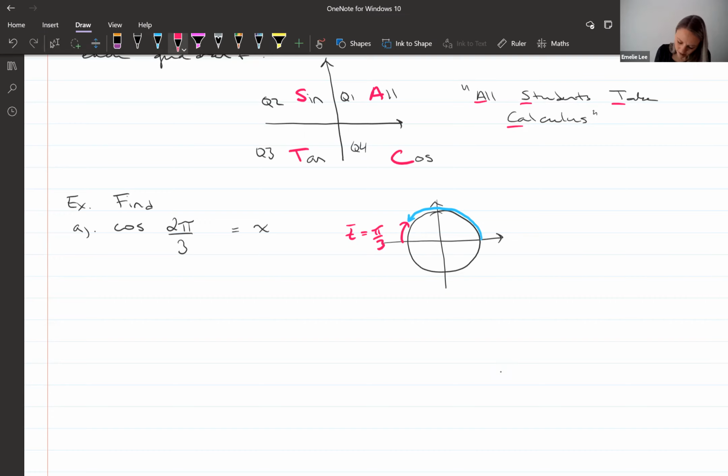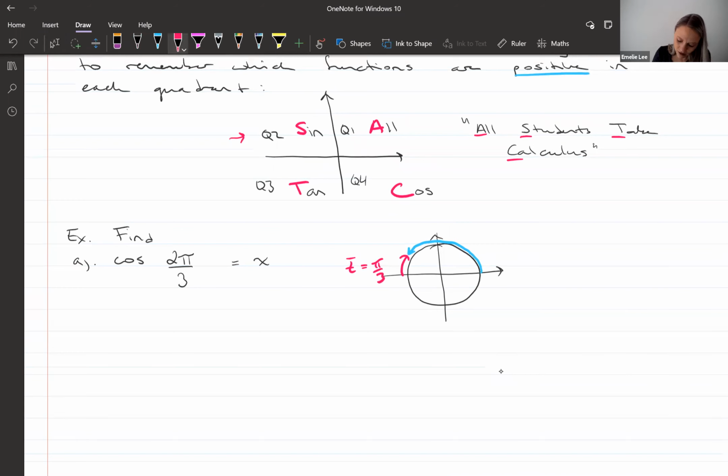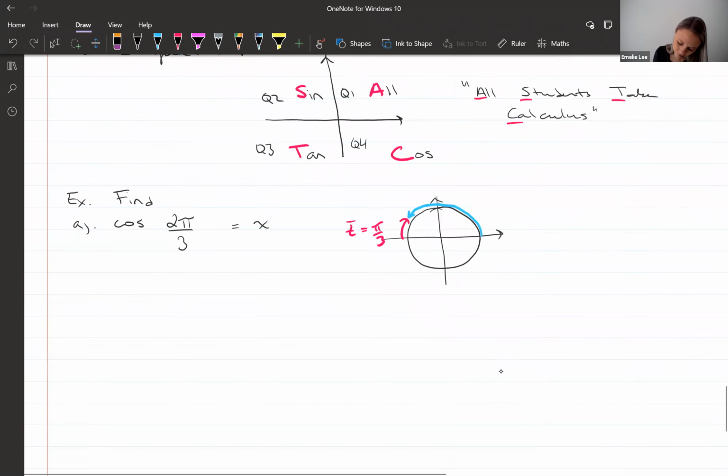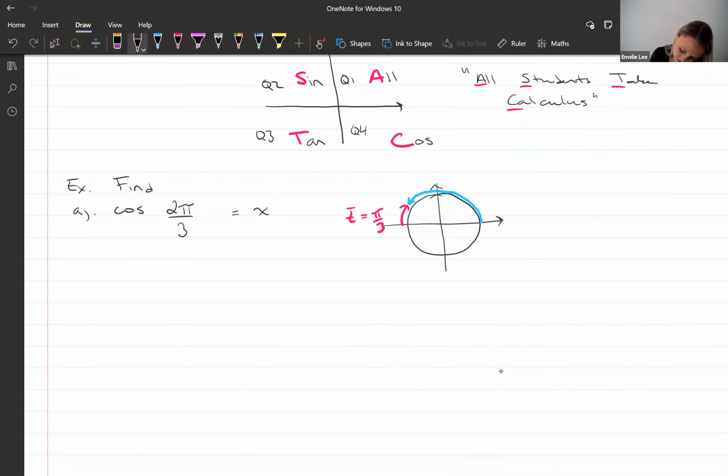From Q2, I know that only sine is positive, which means that my cosine is going to be negative. So in Q2, only sine is positive. So cos 2 pi over 3 is negative.